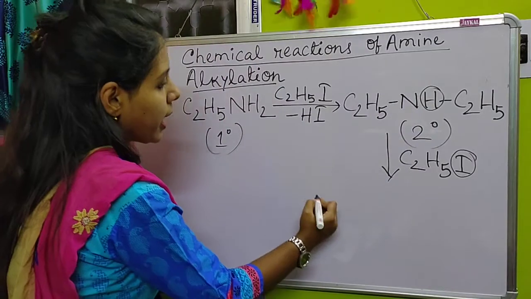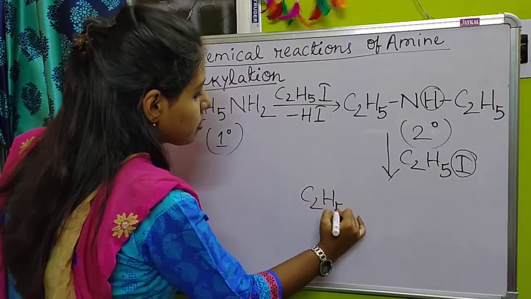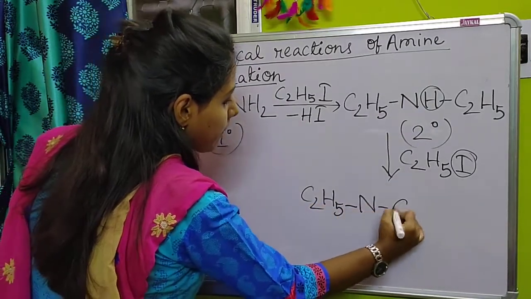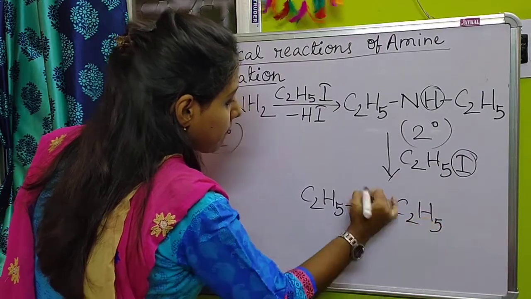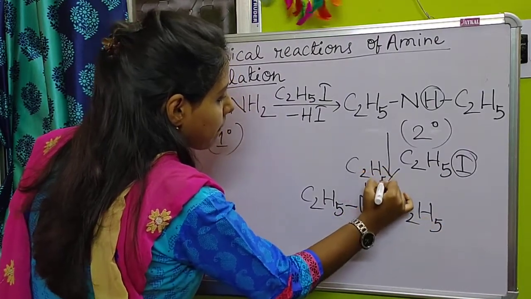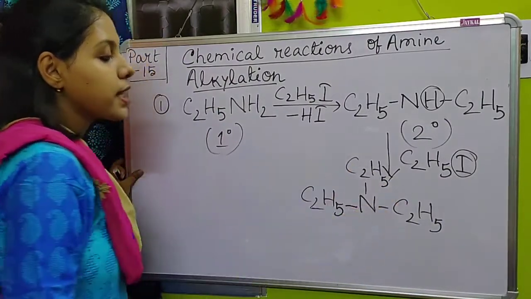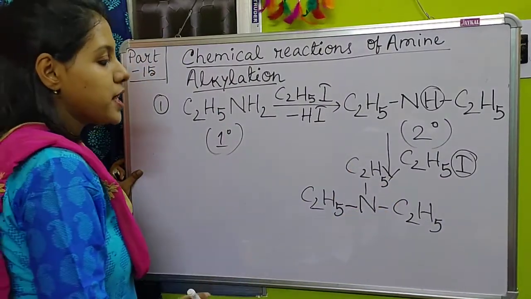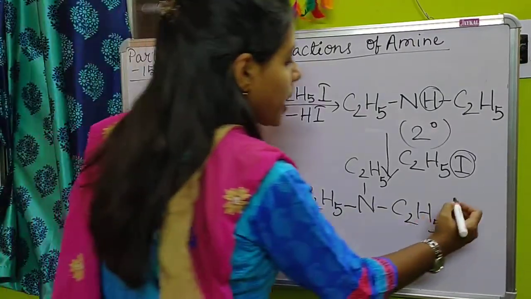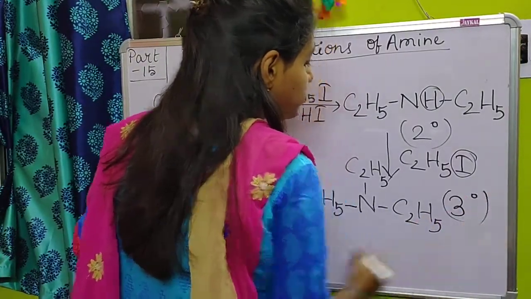So here it will look like this. Now the nitrogen is attached to three alkyl groups, so it is a 3 degree or tertiary amine.